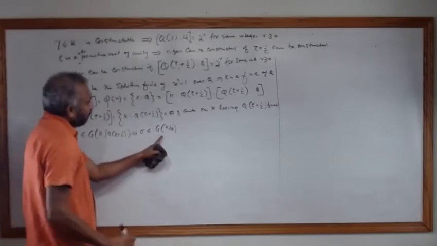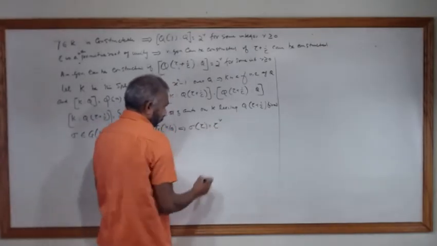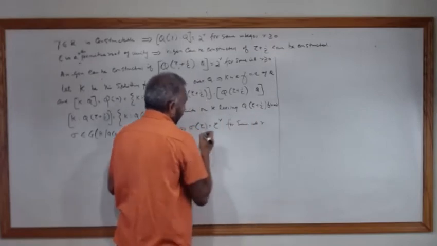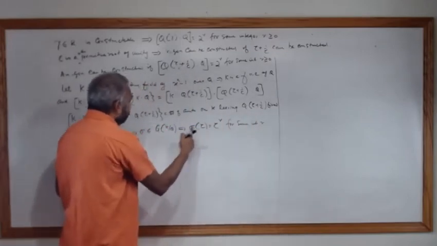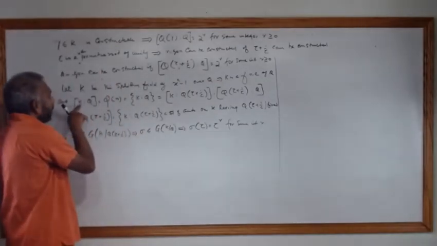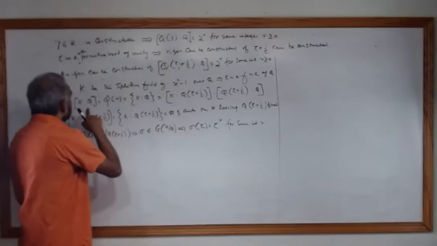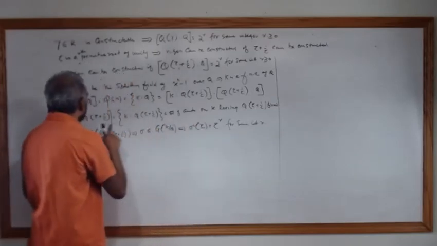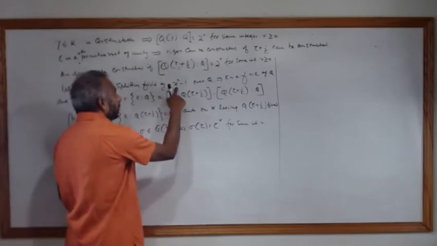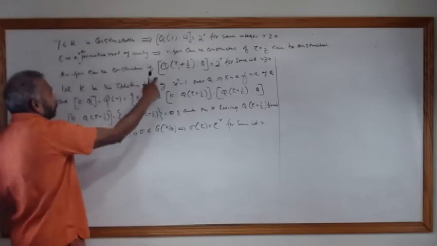But sigma belongs to G of K over Q implies sigma of zeta is equal to zeta to the power of R for some integer R. That is because K is the splitting field, so it is spanned by the primitive roots of x to the n minus 1, and zeta is a primitive root of unity.